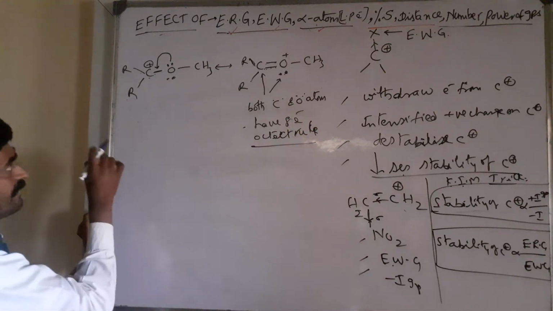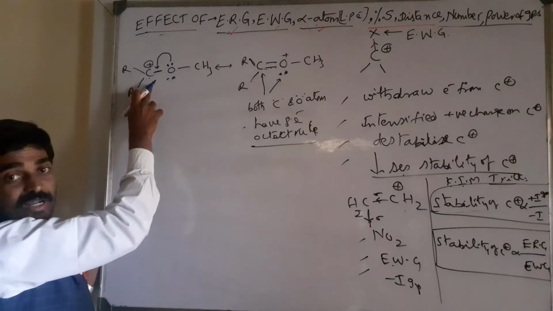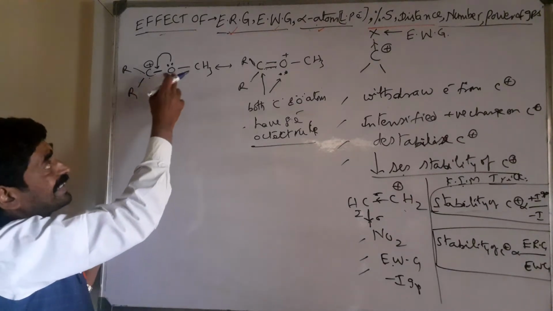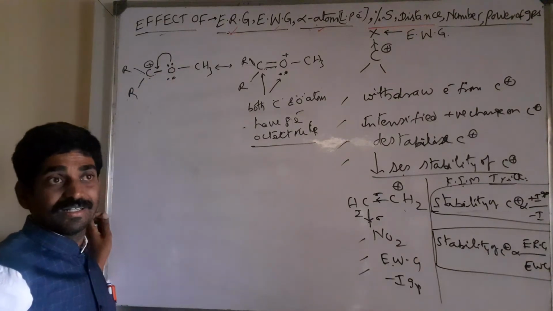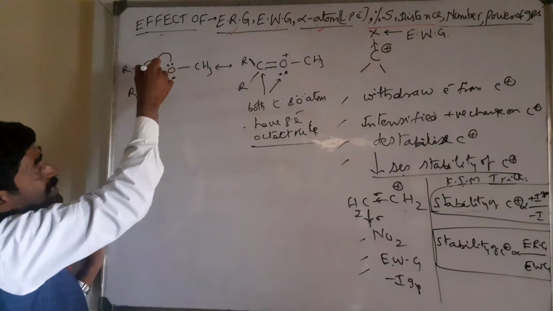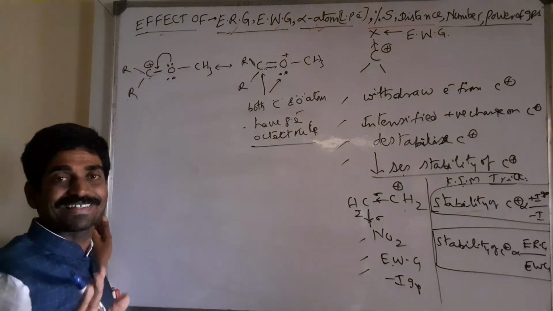That means whenever an alpha atom is present with respect to a carbocation and it carries one or more than one lone pair of electrons, those electrons are delocalized, and that can stabilize the carbocation, right? Is it clear?